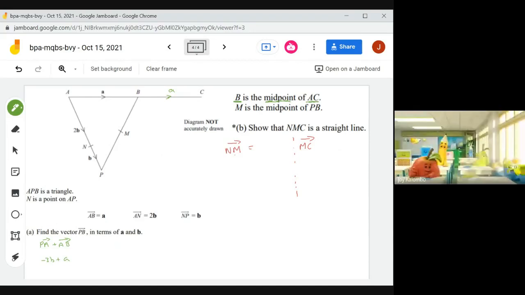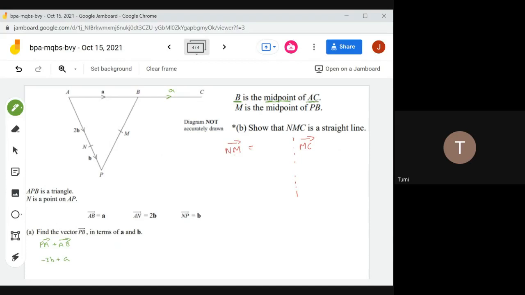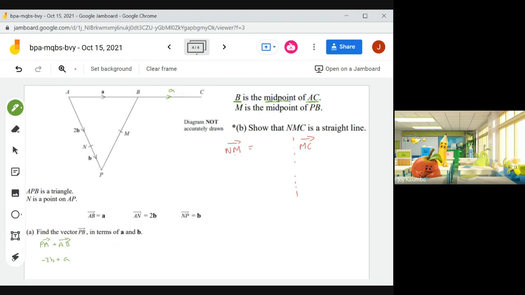No. I mean, minus 3 over 2B plus A. No, I'm not sure then. It's just the simplifying. I think it's the simplifying bit that we need to work on.